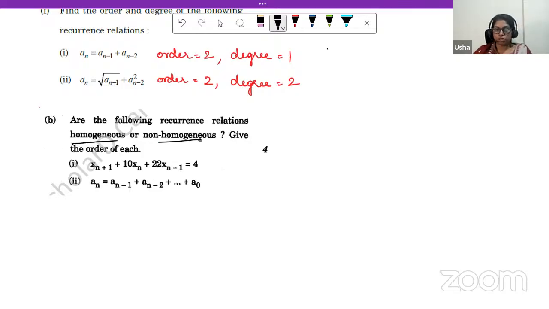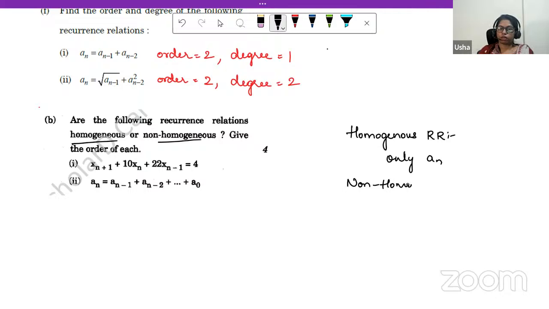And here, homogeneous and non-homogeneous is given, right? So what do homogeneous and non-homogeneous recurrence relations mean? In homogeneous recurrence relations, only an terms will be there, nothing else. An, xn, whatever. In a non-homogeneous recurrence relation, you will have other terms also.